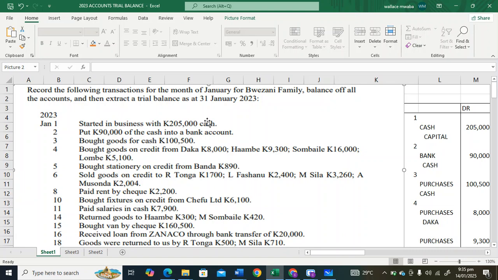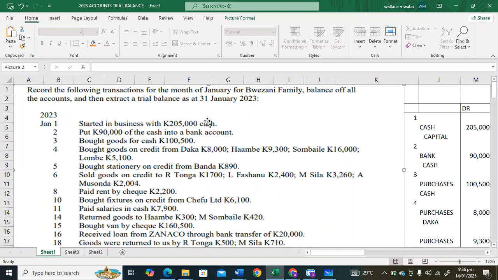Just look at the wordings. The key is just to look at the wordings. You don't need any prior knowledge. Yes, colleagues, can anyone tell us, apart from capital, what other account is involved? The cash account. Capital and the cash account are involved, all right?